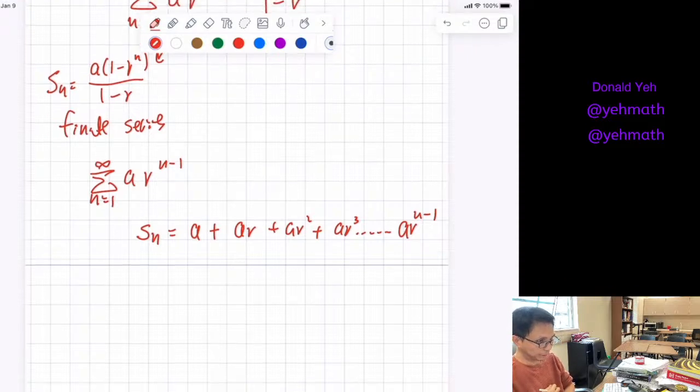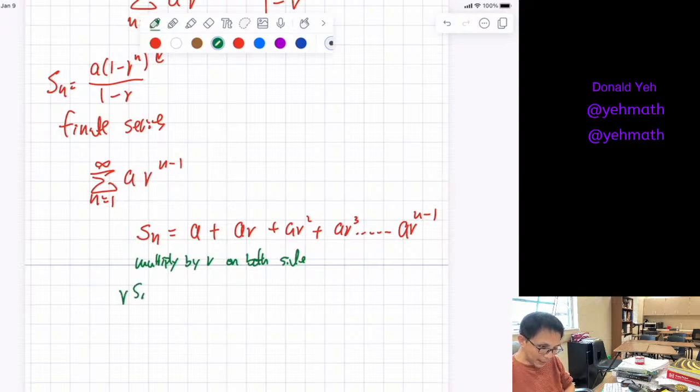Now, can I multiply this Sn by r? So I'm going to multiply by r on both sides. What will happen? I will get r times Sn.